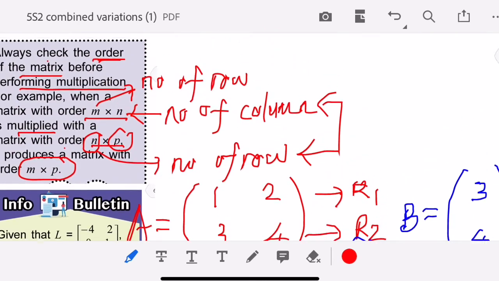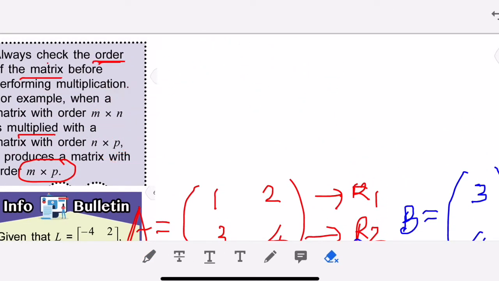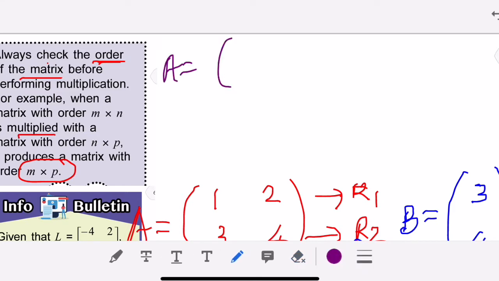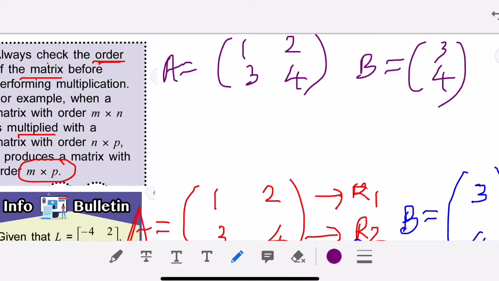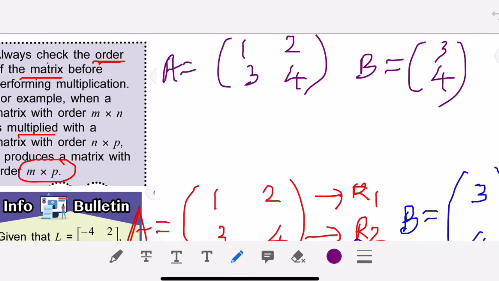Now I want to multiply matrix A and matrix B. A is 1, 2, 3, 4 and B is 3, 4. These two matrices can be multiplied because I check the order of the matrices. This is 2 by 2, so the number of columns is 2.